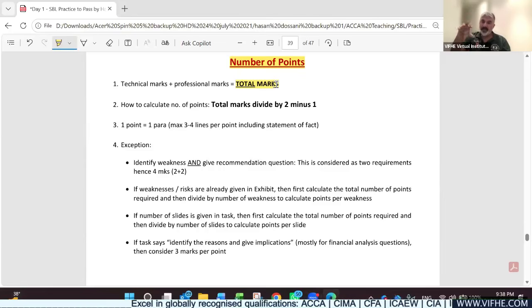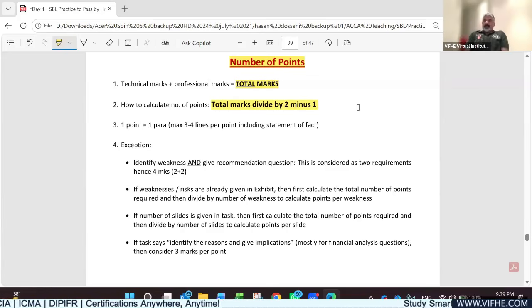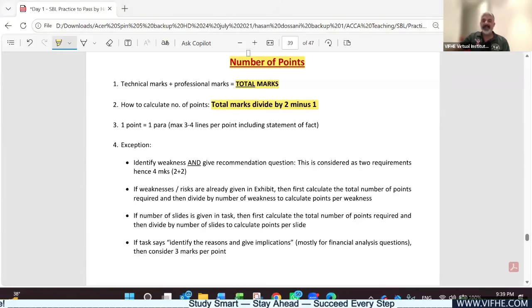If the marks are low, you write fewer points. Again, when I say marks, I mean total marks. This is the formula which I follow: total marks divided by 2, minus 1.